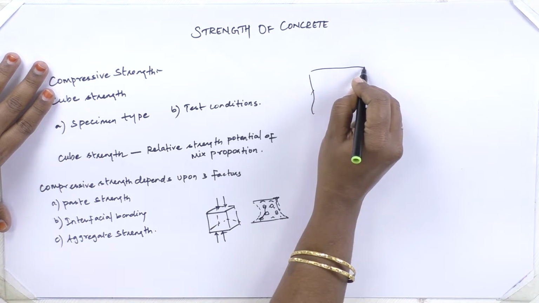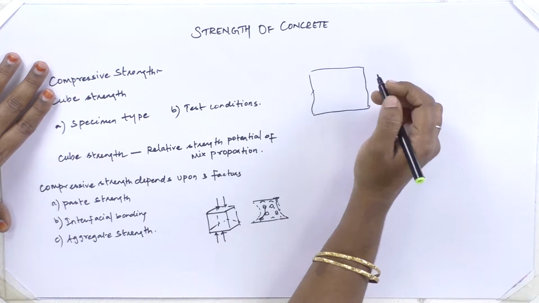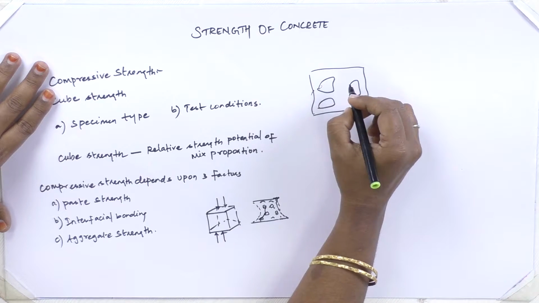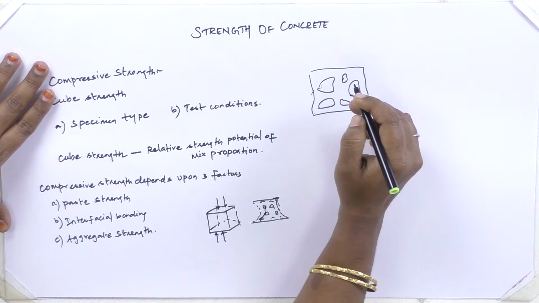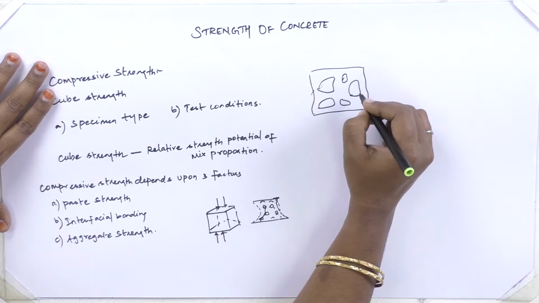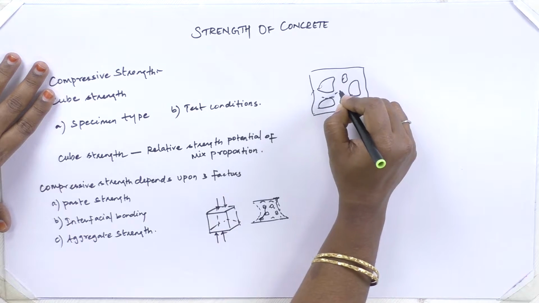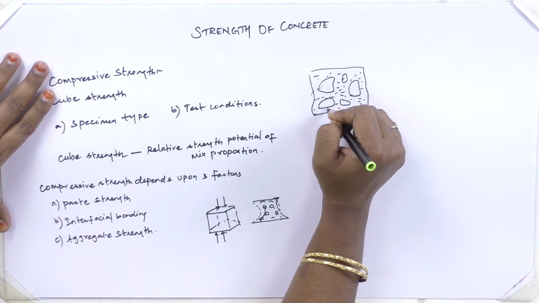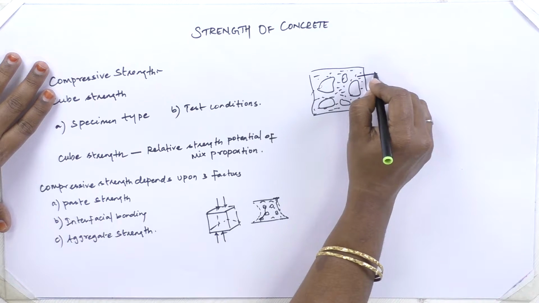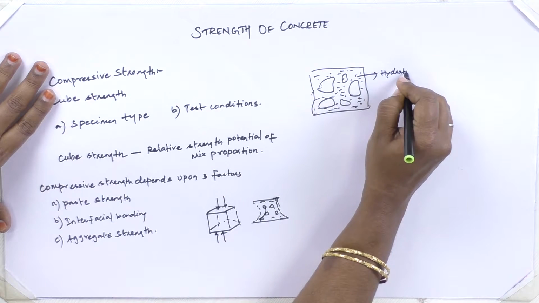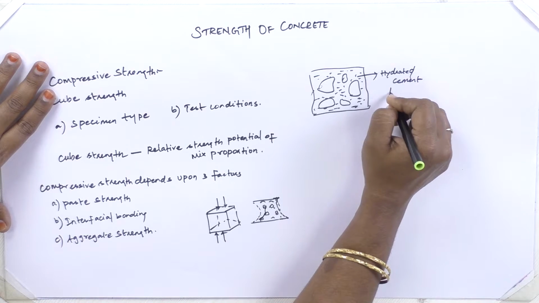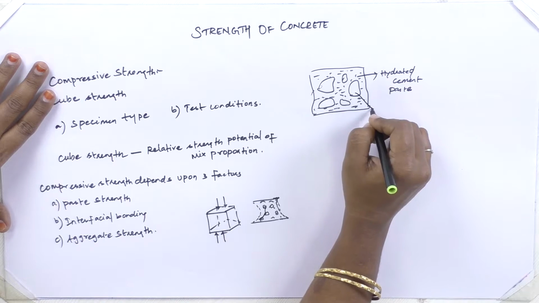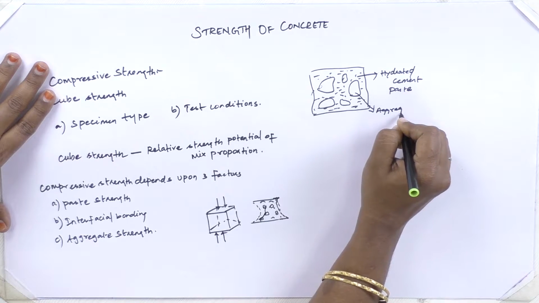Suppose this is a matrix, here are my aggregates. This is my hydrated cement paste. This is my aggregate.